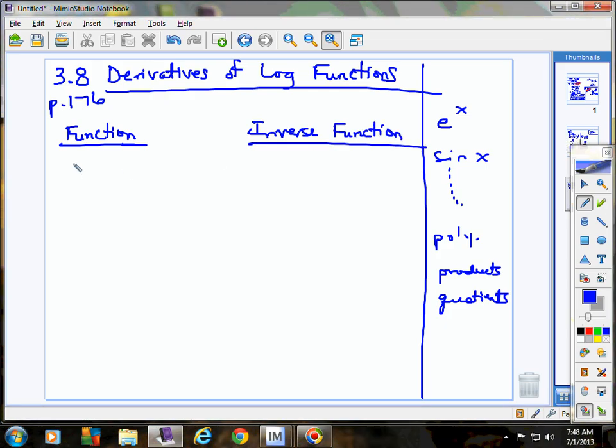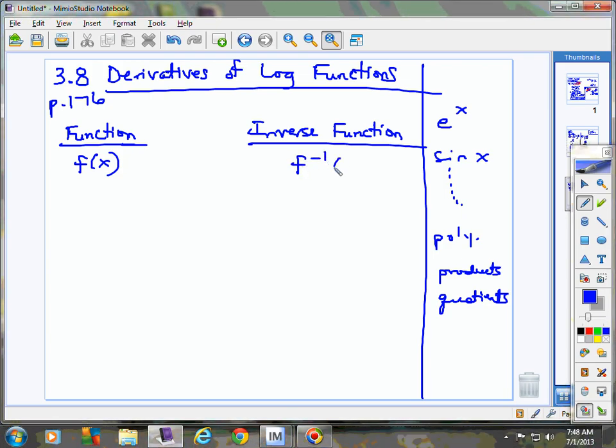Back in pre-cal math 112, if you had a function, a lot of times you'd call it f of x. And then if you had its inverse, you would call it f inverse, or the inverse of f. And we put that little -1 up there to name it, to show that it's the inverse. Didn't mean to move it to the bottom and make it 1 over f, did it? It meant inverse.